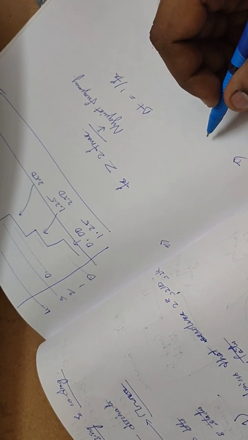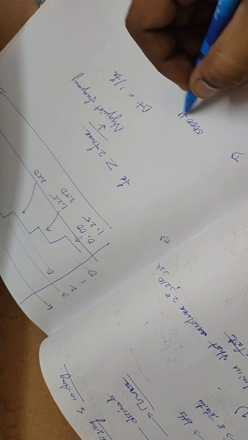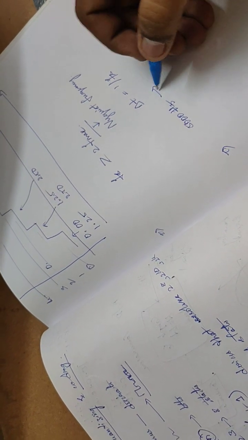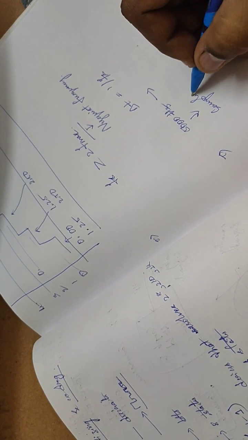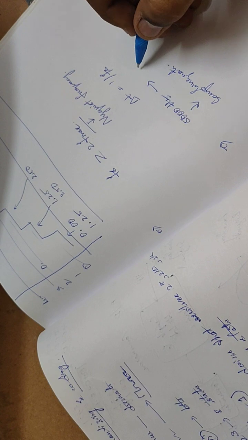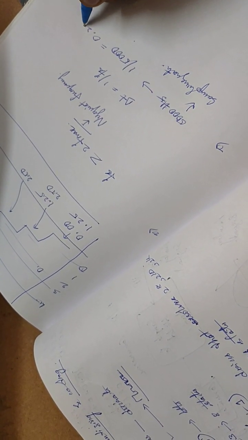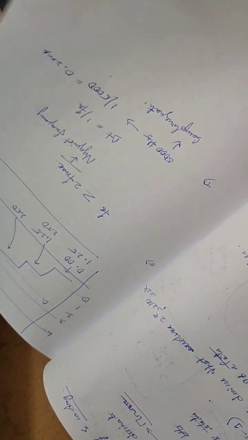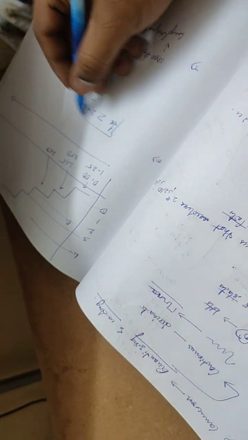If the sampling rate is, let's say, 5000 Hertz, the time interval between samples would be 1 by 5000, that is 0.2 milliseconds. Now, as I said, this is the thing that should be.